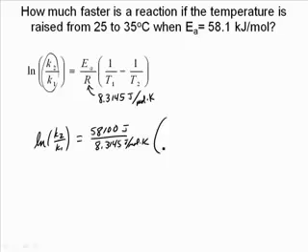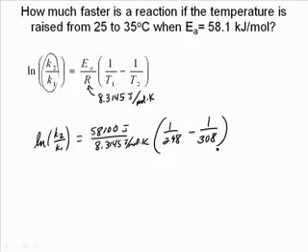And we need, let's see, 1 over T1 is 298 minus 1 over T2 is 308.